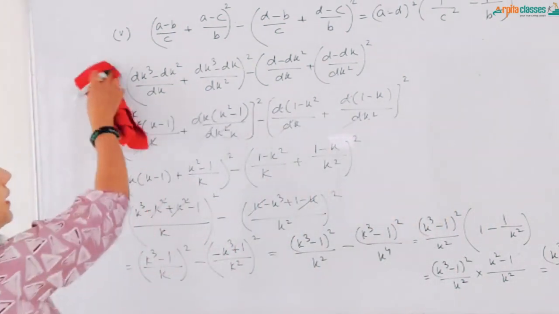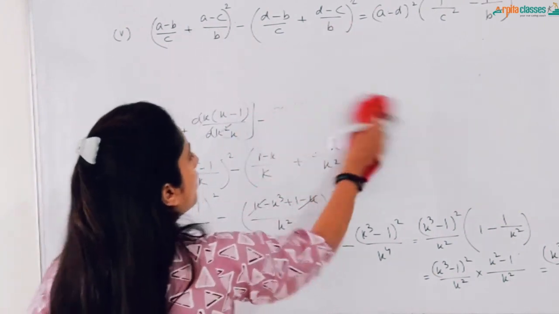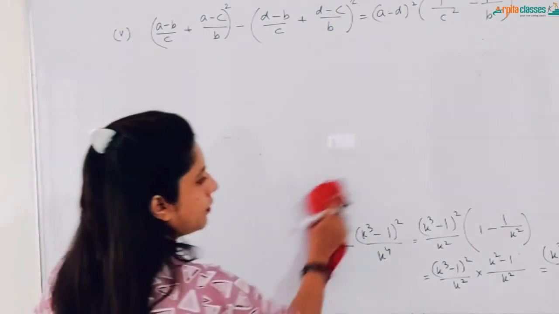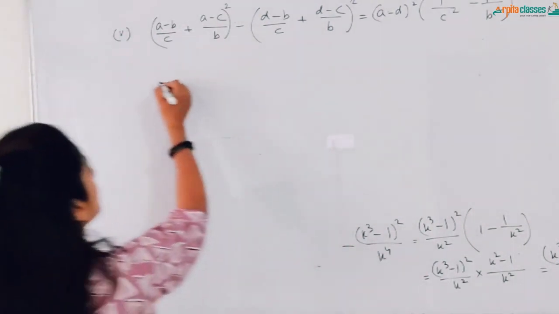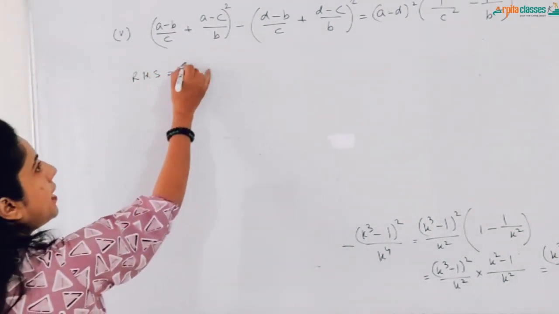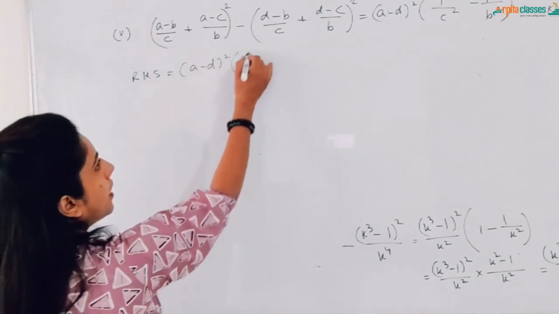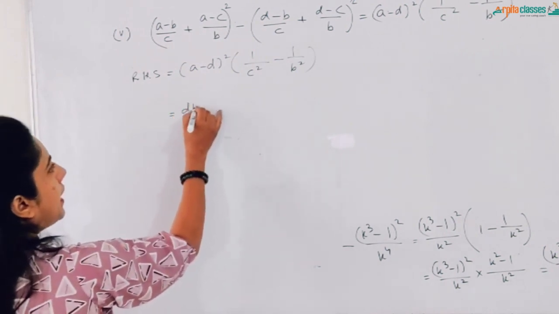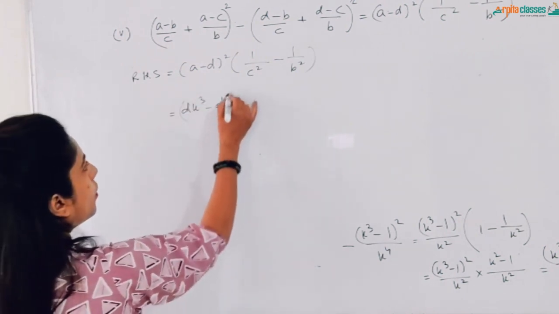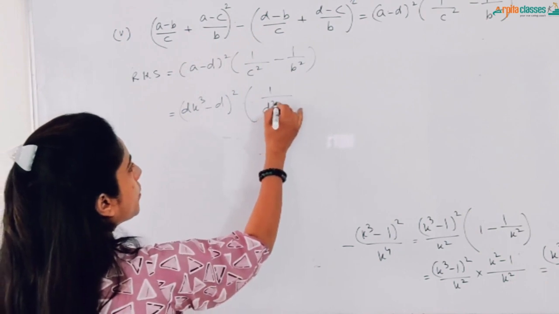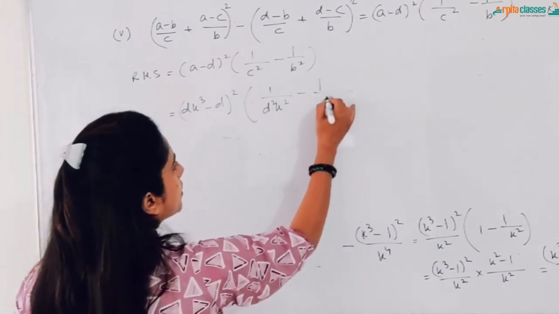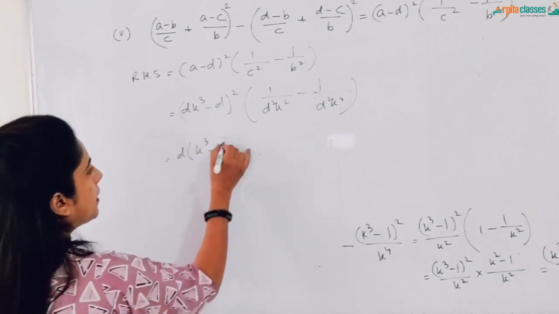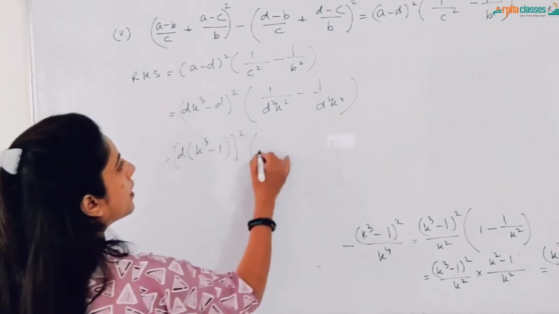Now let us proceed to the right hand side and see whether we got the same thing or not. Okay, I'll just rub the whole part. We'll keep the last part only. So the right hand side is a minus b the whole square 1 upon c square minus 1 upon d square. dk cube minus d the whole square 1 upon d square k square minus 1 upon d square k to the power 4. d common, k cube minus 1 the whole square.